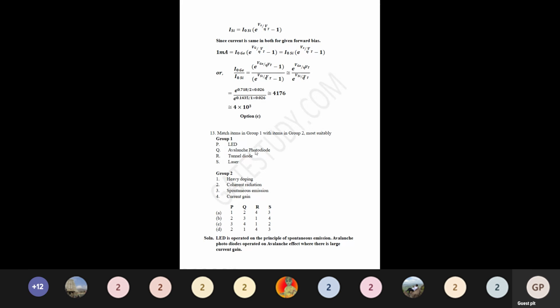Avalanche photodiode operates on avalanche effect where there is large current gain, so 4. Then tunnel diode, it is being heavily doped, so 1. And laser, it is coherent radiation, it is 2. So the option C is the right answer, 3, 4, 1, 2. Moreover, once you find LED is spontaneous emission, you know that it starts with 3. The rest of the options don't start with 3, so the C row is the right answer.